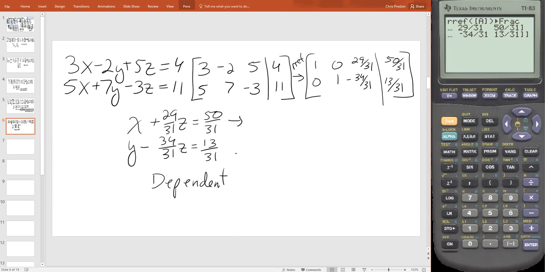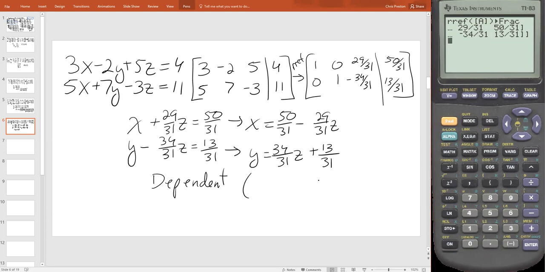So let me translate these two, solving for x: x equals 50 over 31 minus 29 over 31z, y equals 34 over 31z plus 13 over 31. And you notice all these are over the same denominator, and that's probably the determinant for this matrix. Well, not in this one because it's not a square, but it's basically functioning that way.